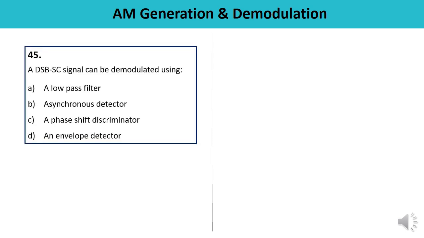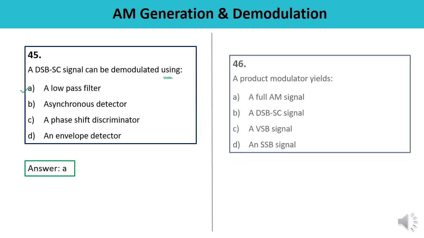Question number 45. A double sideband suppressed carrier signal can be demodulated using, options are low pass filter, asynchronous detector, a phase shift discriminator, envelope detector. Here it cannot be demodulated using a low pass filter, means the answer is A. Yes, the correct one.